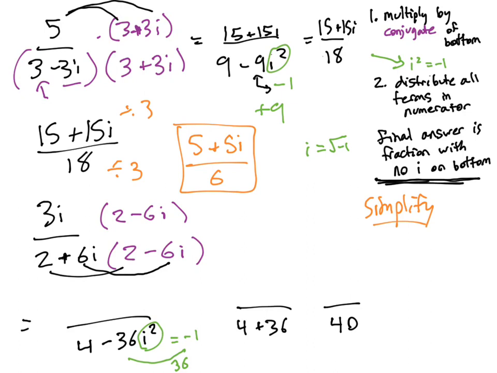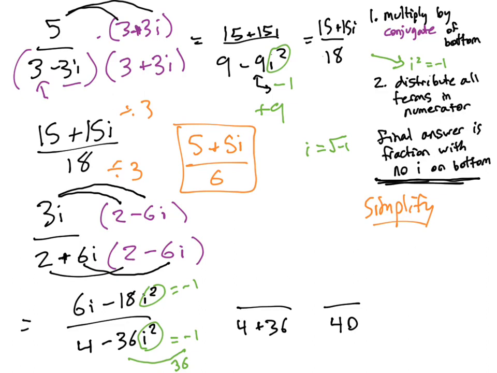In the numerator, 3i times 2 is equal to 6i, and 3i times negative 6i is negative 18i squared. i squared should always be simplified into negative 1, and negative 18 times negative 1 is positive 18.